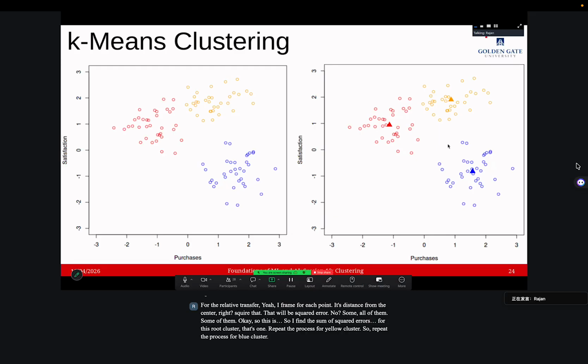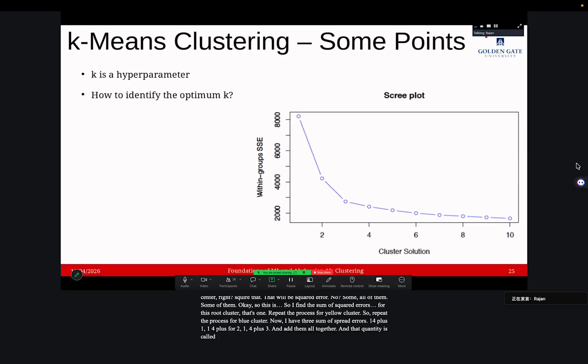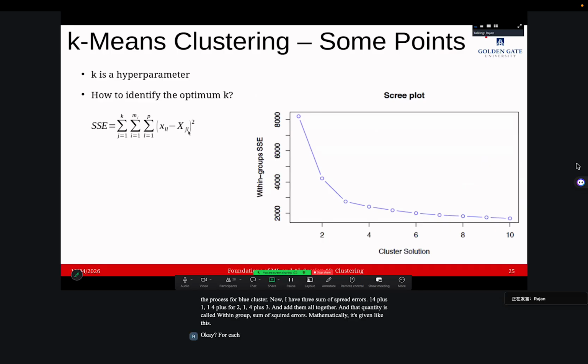Now I have three sums of squared errors, one for cluster 1, one for cluster 2, one for cluster 3, and add them all together. That quantity is called the within group sum of squared errors. Mathematically, it's given like this. For each group, you have the centroid.